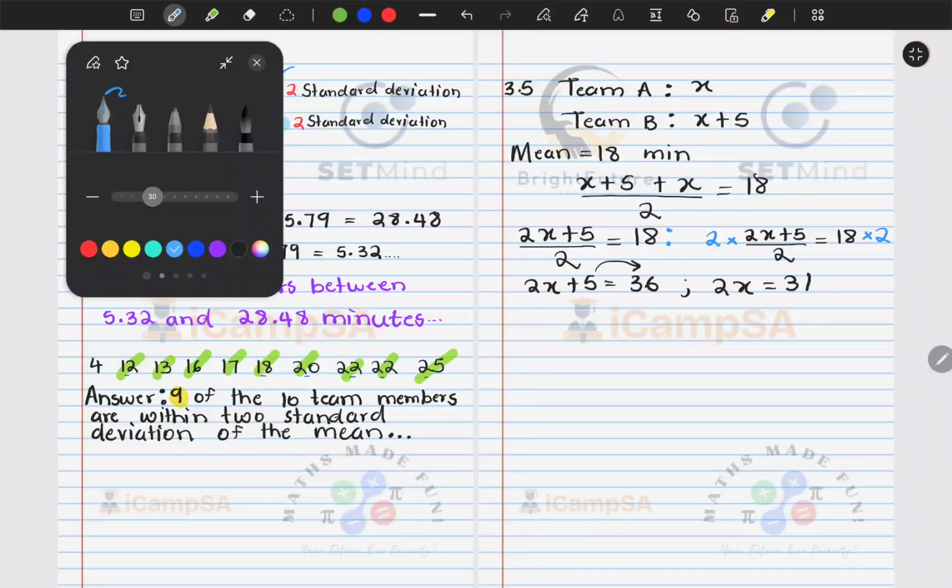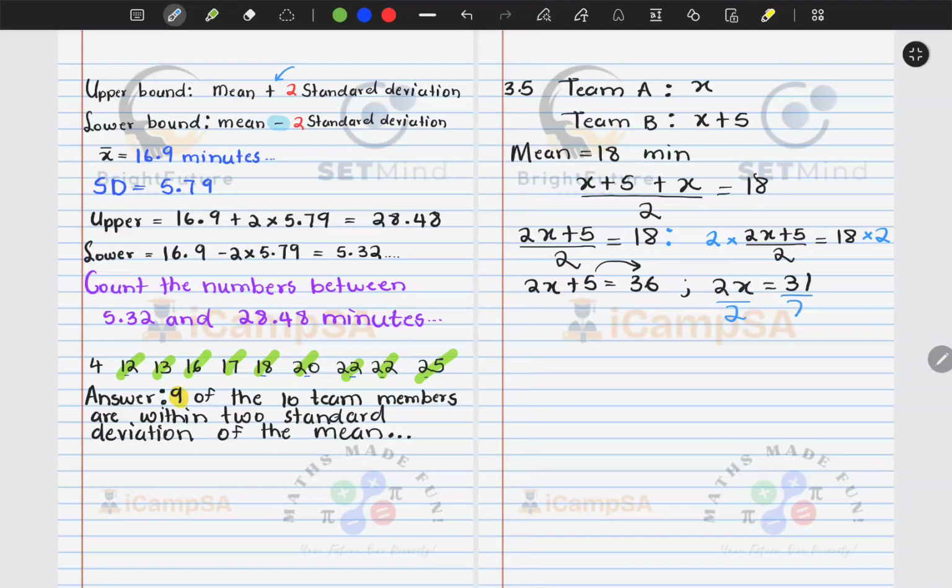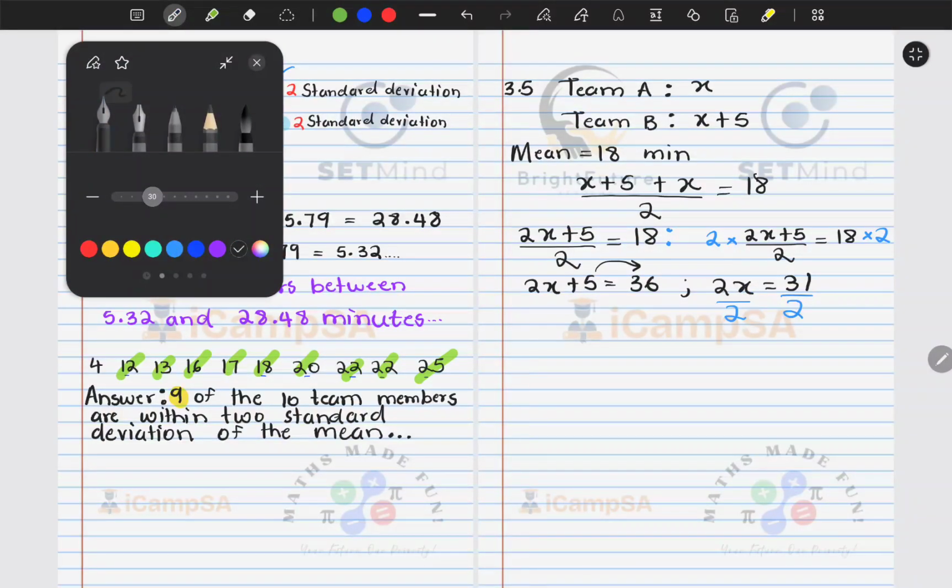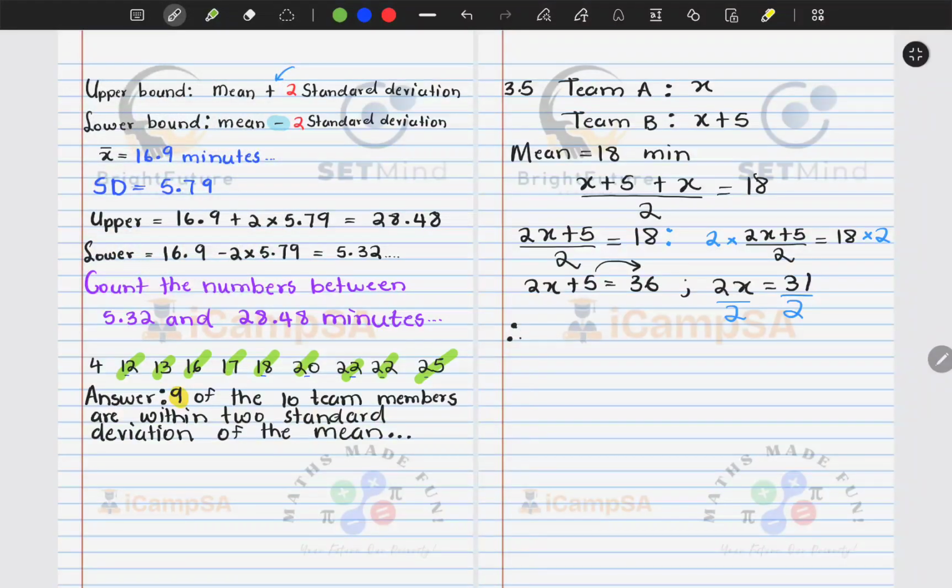Then we can divide by 2 both sides, and 31 divided by 2 should be 15.5. So therefore the value of x will be 15.5 minutes. I hope that you guys understand.